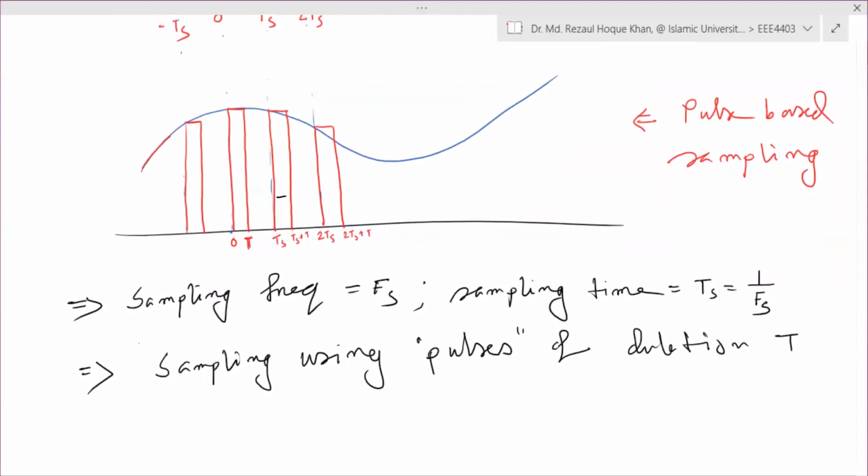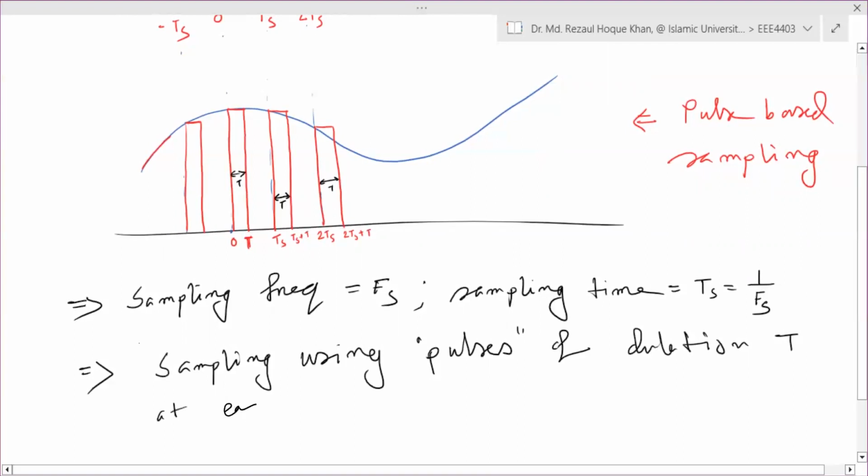Every pulse has duration t, at each n TS, where n varies from minus infinity to plus infinity.